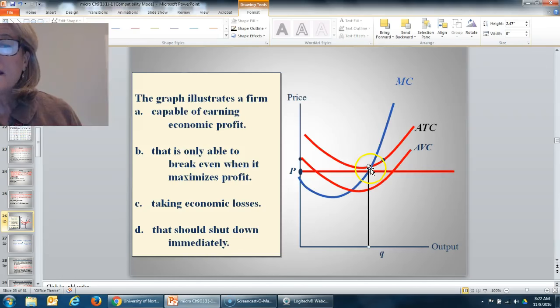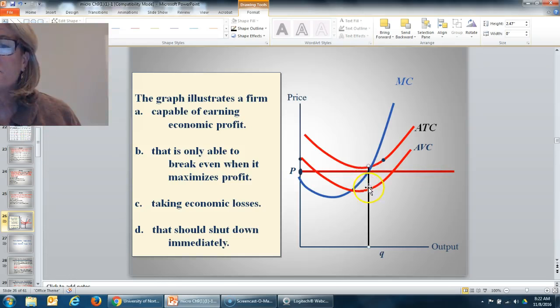They should definitely stay in business because the price per unit is between total cost per unit and variable cost per unit. Does everybody see how I'm always looking at Q star? In this case, we know that they are taking economic losses, but they should stay in business in the short run. Make sense?